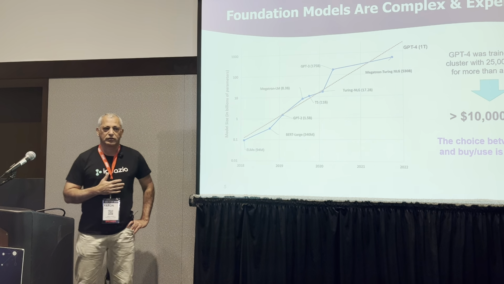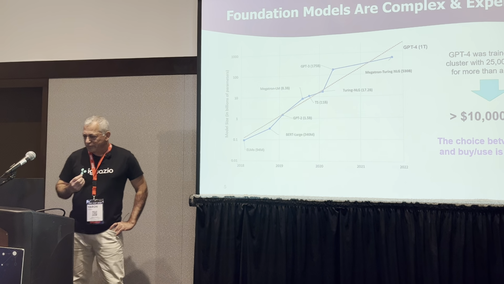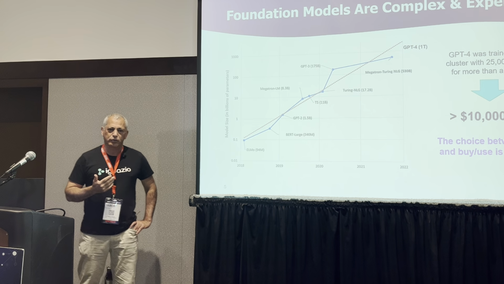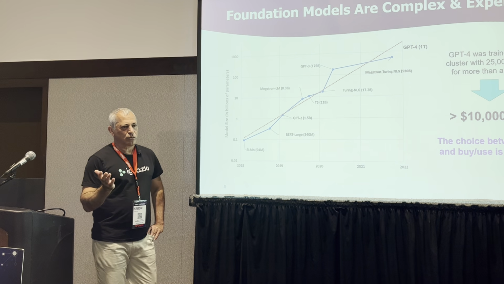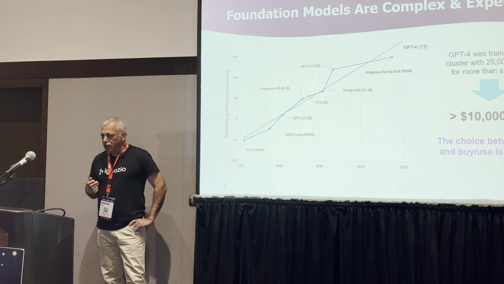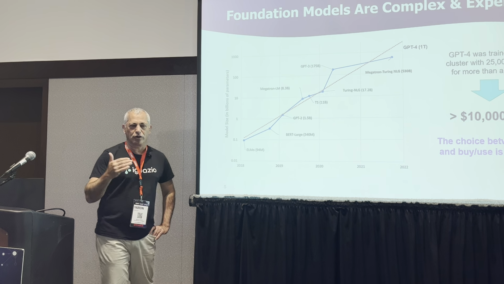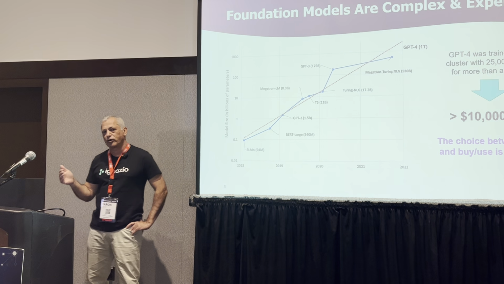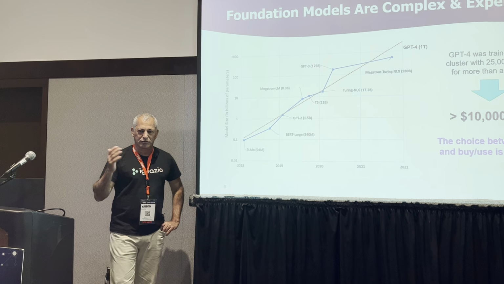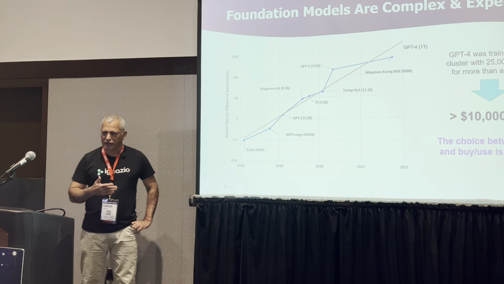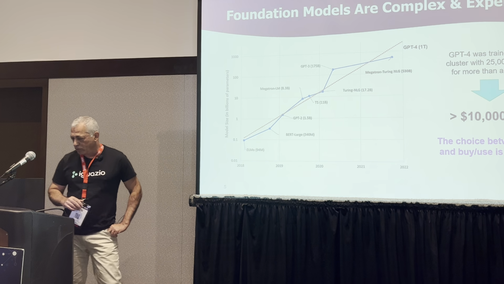It's trained on many terabytes of data, and it took, for example, GPT-4 25,000 GPUs, a cluster in Azure with 25,000 GPUs across a few months. Now you train, it doesn't work, you train again, the costs pile up. We're talking about tens of millions of dollars for training a model. So if you're Google or Amazon or Microsoft, that's okay. If you're an enterprise, you don't want to spend tens of millions of dollars on building your own model.